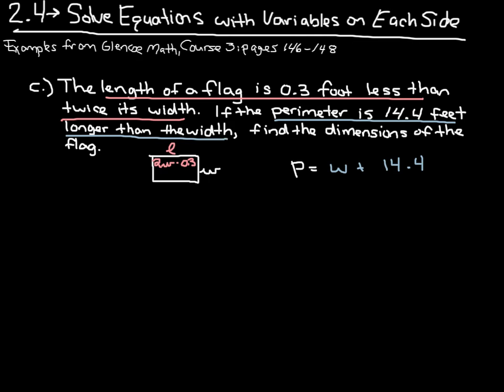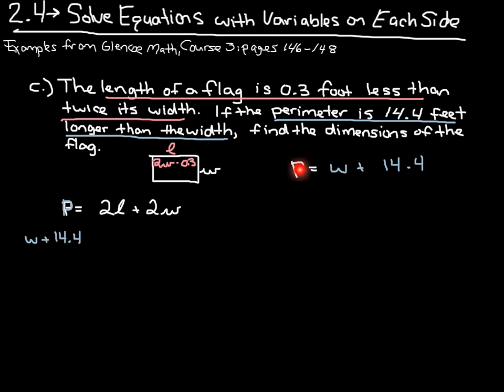Next, we get to ask ourselves, how do I traditionally find the perimeter of a rectangle? Well, perimeter is usually equal to 2 times the length plus 2 times the width. This is where I get to substitute some things in now. My perimeter P is going to actually be the W plus 14 4/10.